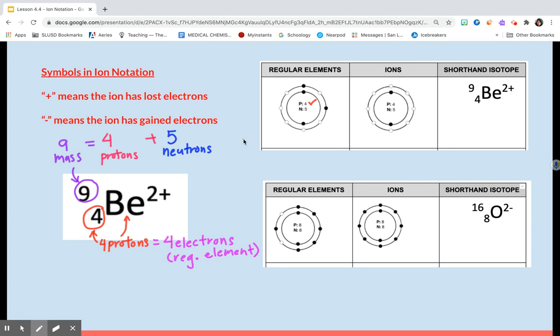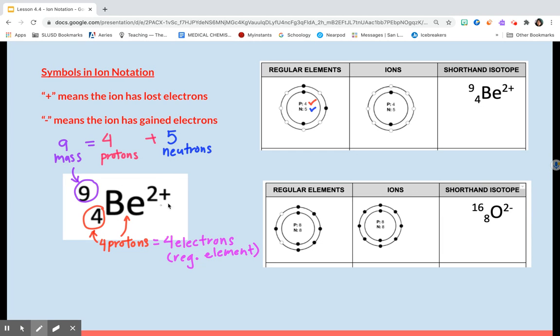And since I showed you the picture of the same element, we also know that it has 5 neutrons when we draw it in the image form, the model form. So that's a recap of what each part of the shorthand isotope notation means.